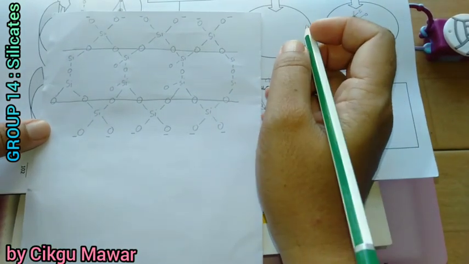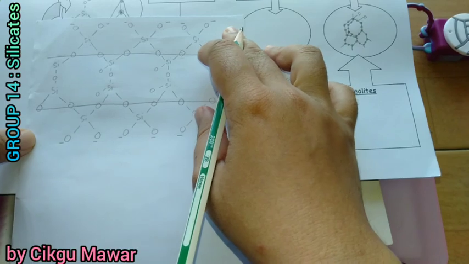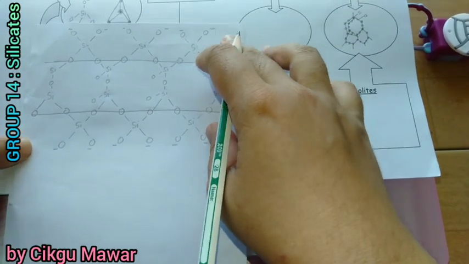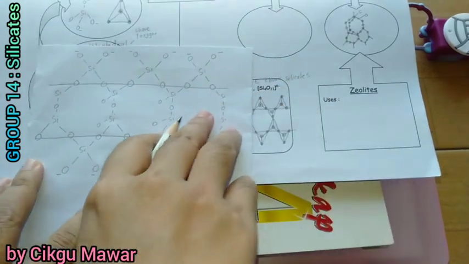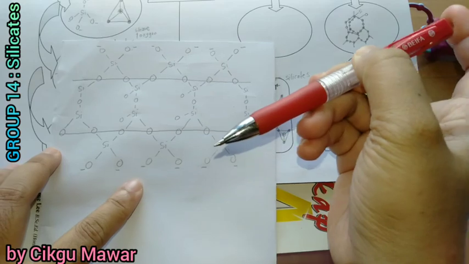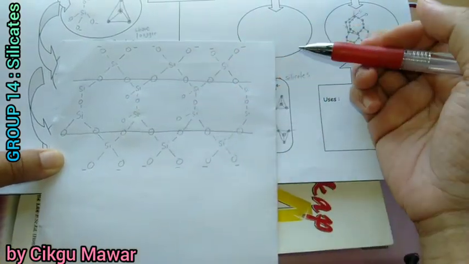Alright, but then how to know the basic structure unit for amphibole? So now I want to show you. We take a look at what is the repeating unit of this diagram.